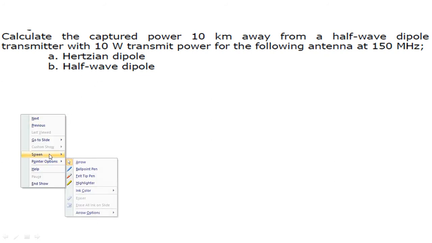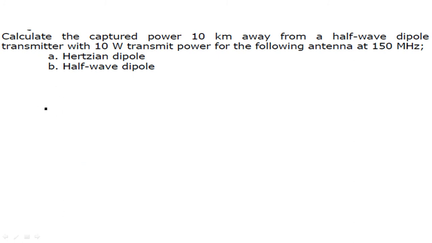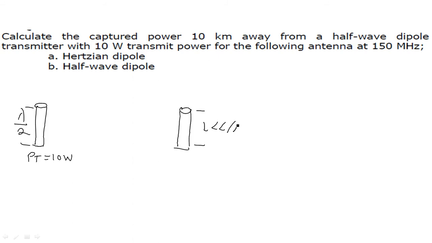So, drawing natin para mas maintindihan natin. So, meron tayong transmitting antenna na half-wave dipole. So, this is a dipole. So, may size siya na lambda over 2 and meron transmit power na 10 watts. Okay, so yung receiving antenna natin, letter A, is Hertzian dipole. So, mas maliit, less than lambda yung size.